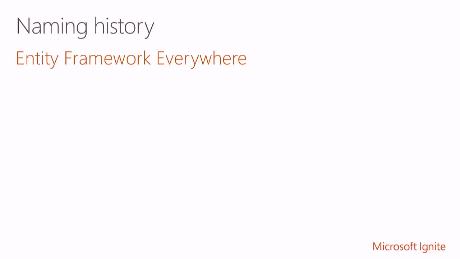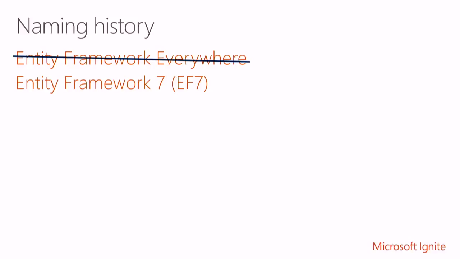So that was the actual seed that started. So we started with Entity Framework, and we thought that it's going to be new. It's going to be something which is not Entity Framework, the original versions, which was 6. While we were doing this, we thought that, hey, it's actually pretty close to what we are doing with 6, so it shouldn't be called everywhere. It should actually be called Entity Framework 7.